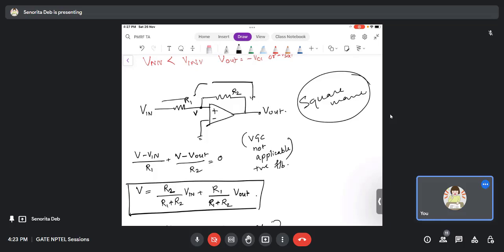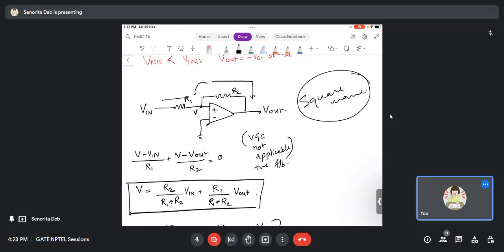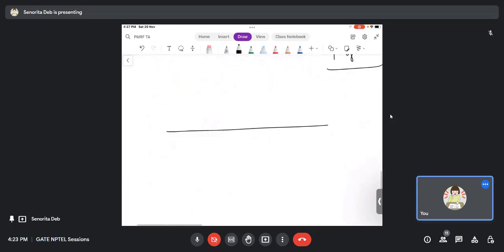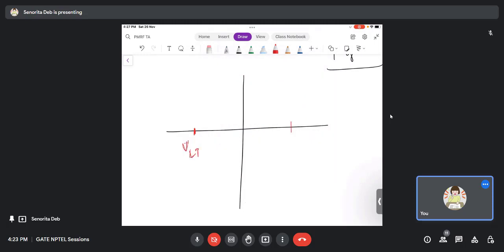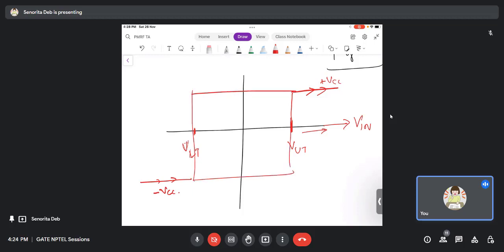What I mean to say is, if I try to draw a graph, with VLT and VUT, and Vin goes above VUT, it is plus VCC. And if Vin goes below VLT, it is minus VCC.